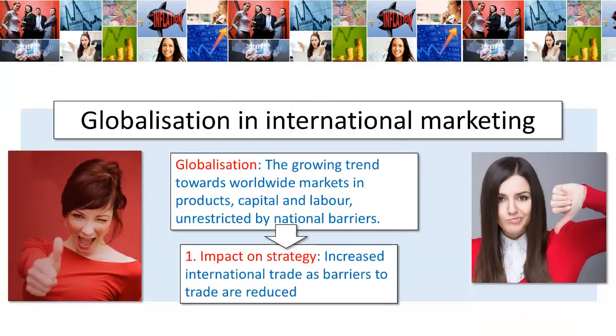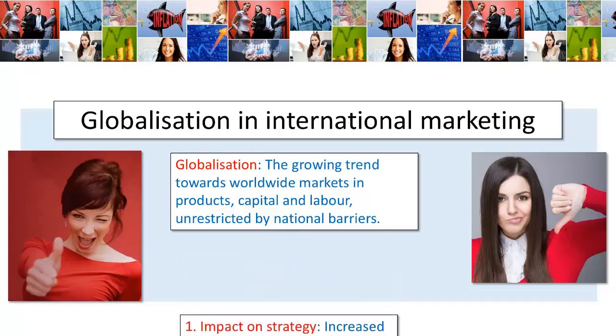Now, globalization in international marketing. Globalization, our definition there, is a growing trend towards worldwide markets and products, capital and labour unrestricted by national barriers. Now this is going to have an impact on strategy. Increased international trade as barriers to trade are reduced.